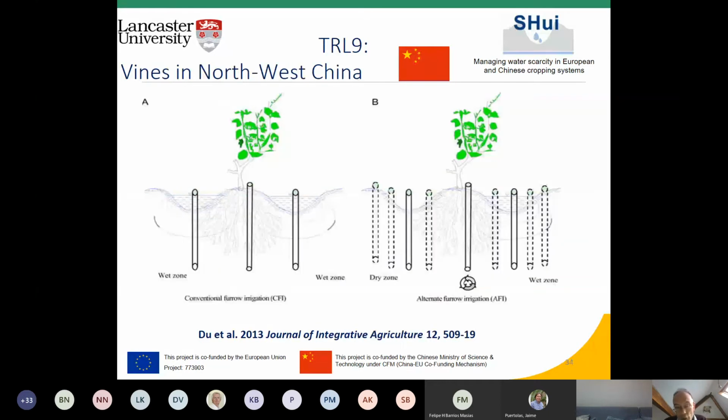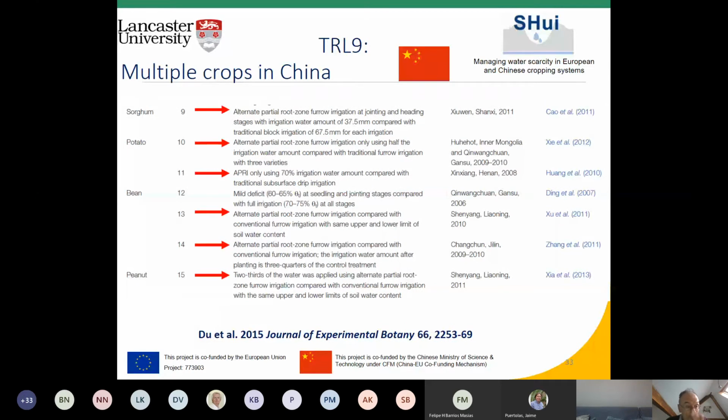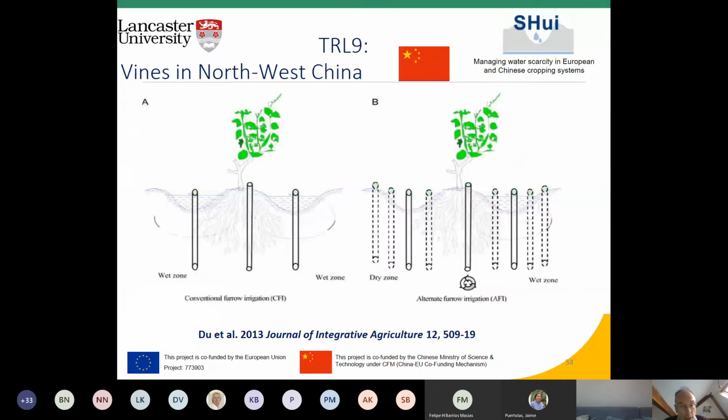So my colleagues in China assure me that the technique's been applied in a number of different crops, and that farmers are actually using it. You can see here an example of vines grown in, I think, Gansu province in northwest China, where I know my colleagues at China Agricultural University have done a huge amount of work in trying to preserve regional water resources over the last 20 to 30 years.